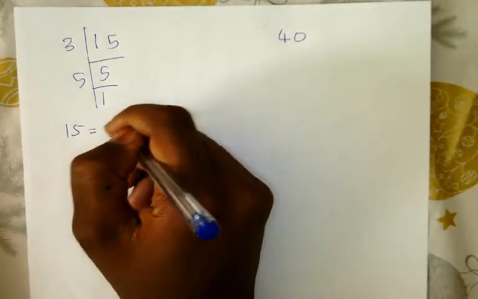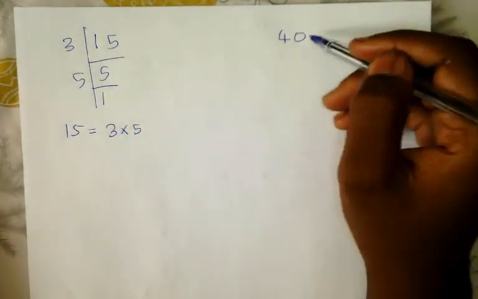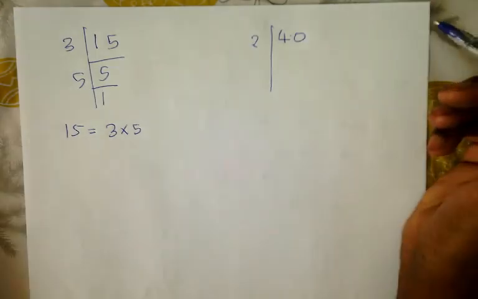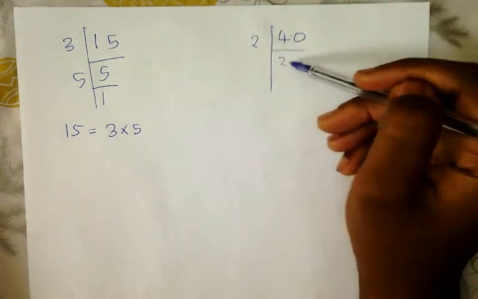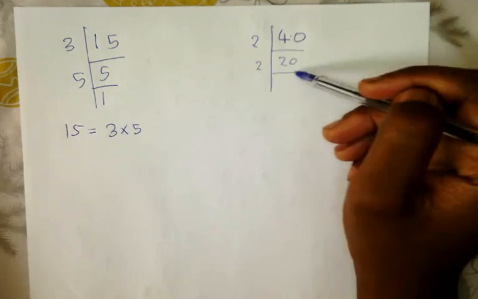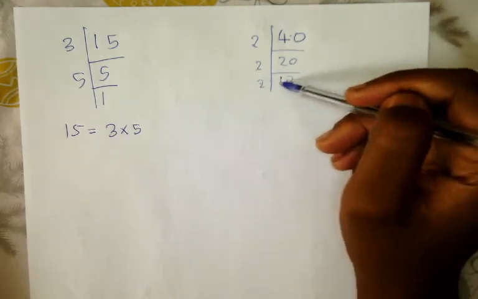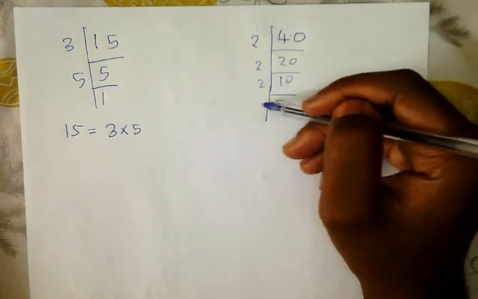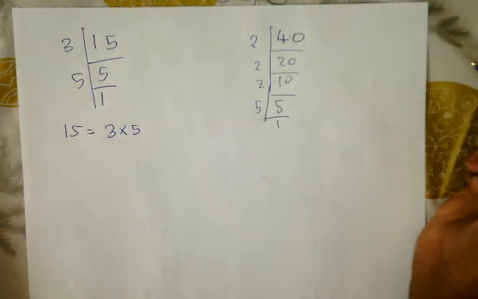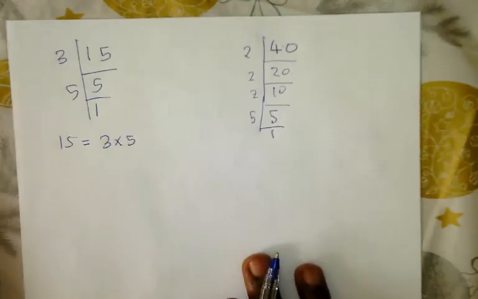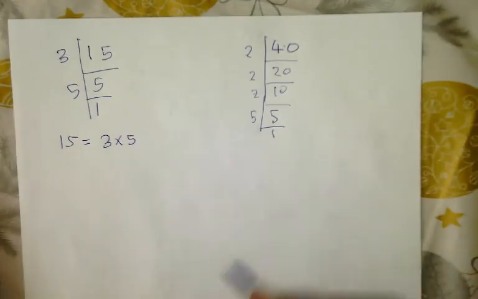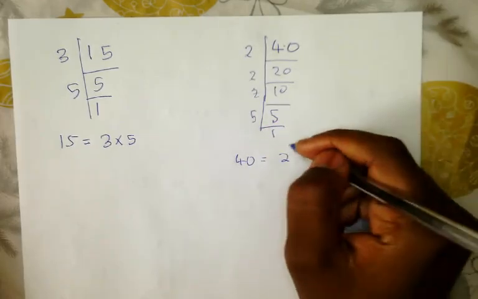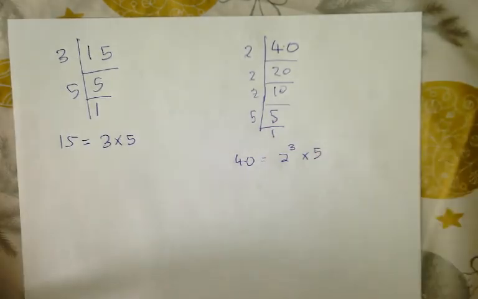And then for 40, 2 goes into 40 20 times. 2 goes into that 10, 2 goes into that, 5 goes into that once. Is that fine? So 40 equals 2 cubed multiplied by 5. So let's check that it is correct.